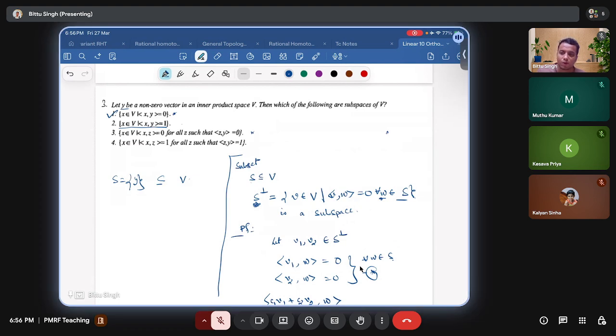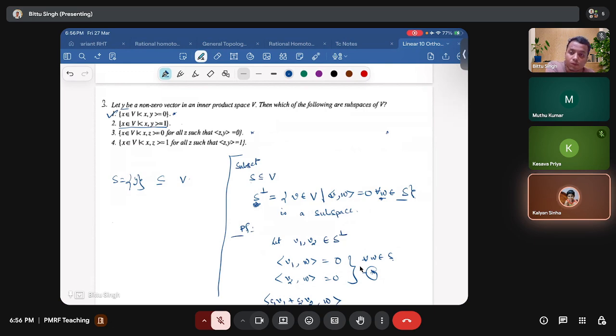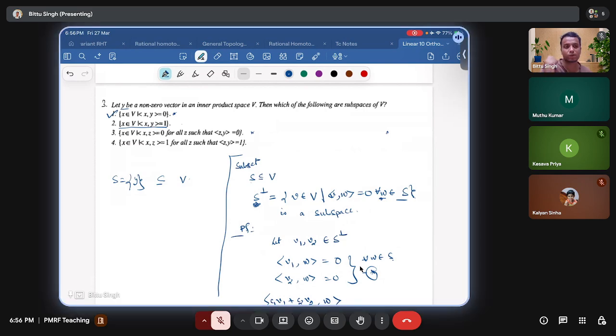Which property of subspace is not holding? Then you can take v1, v2, v1 plus v2, and that will become 2 actually. Exactly. That linearity is not holding.